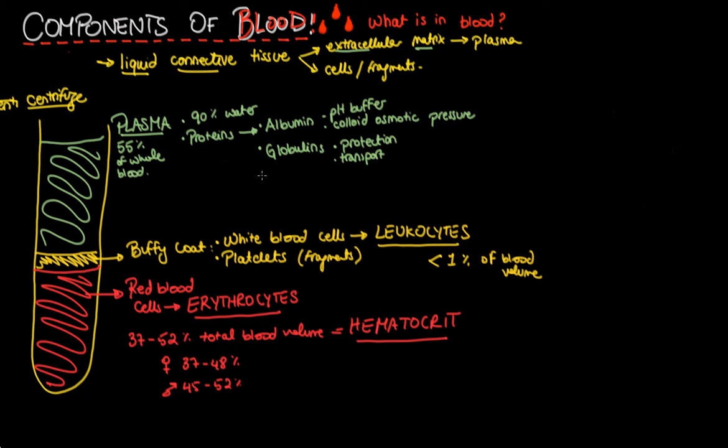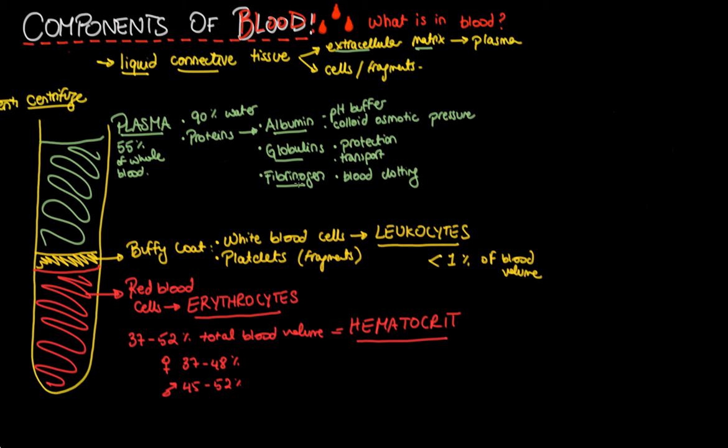And then another example of an important protein is what we call fibrinogen. Fibrinogen is going to become fibrin, and this is extremely important because it's the major component of blood clotting. Alrighty, and there you have it. These are 3 very important proteins that are found in plasma.